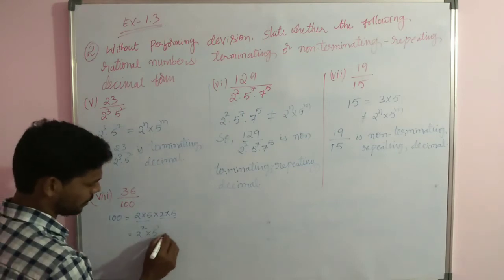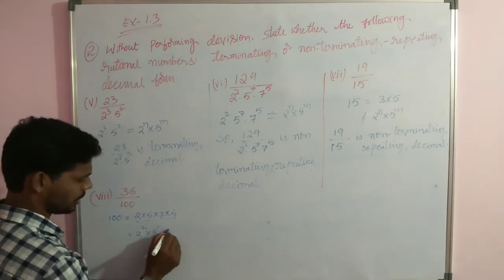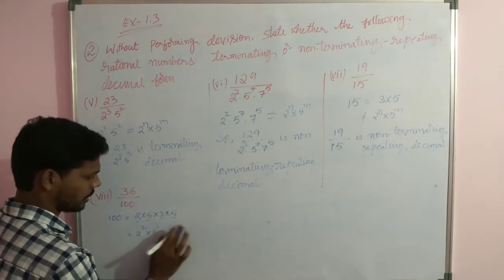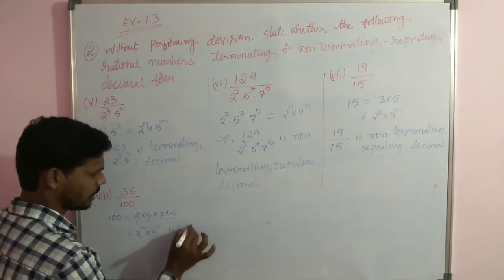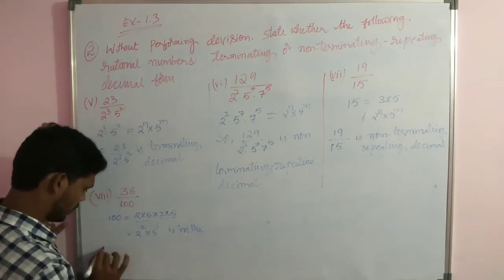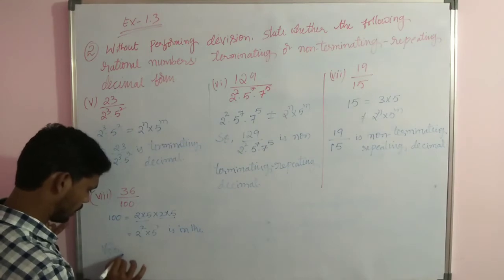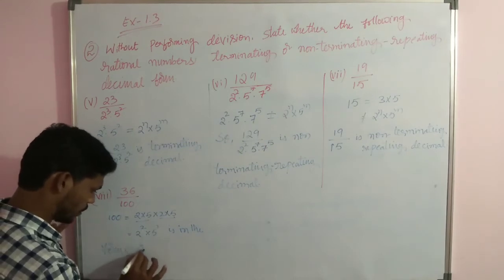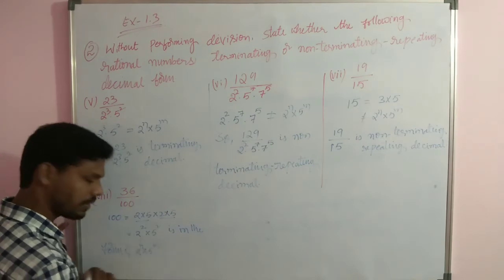This is in the form of 2 power n, 5 power m.